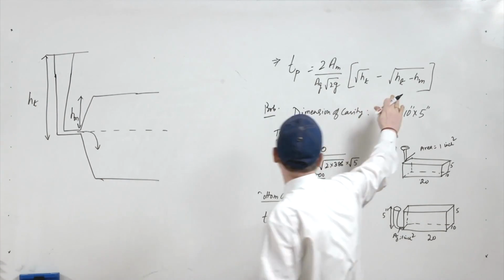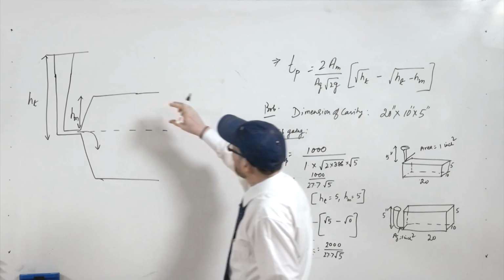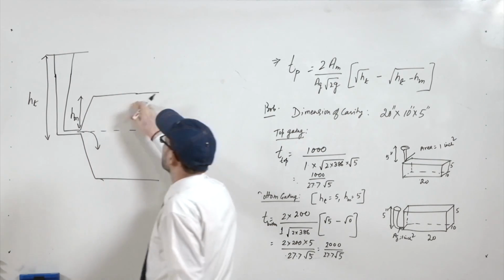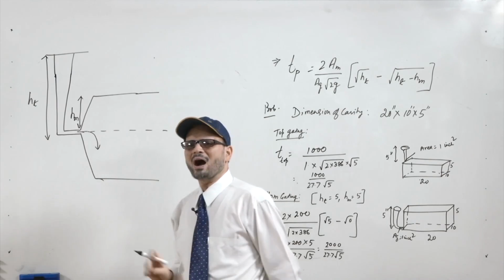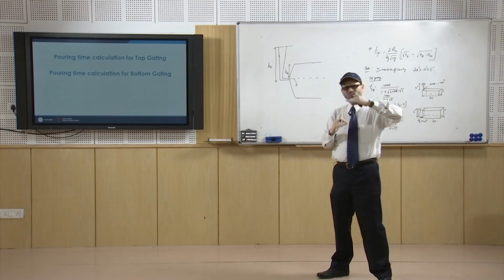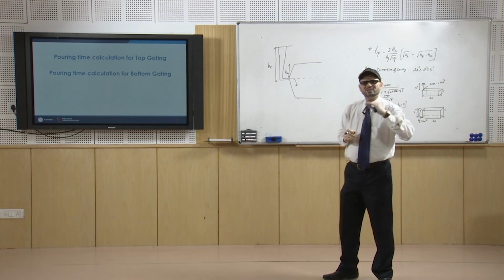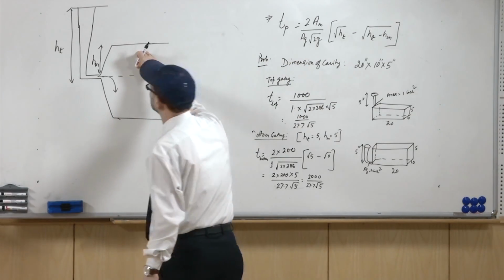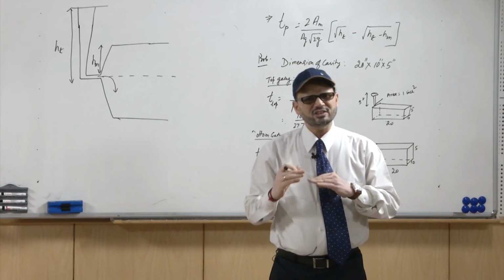So, you will use this formula and find the time required to fill this cope half of the mold, and then you add these two portions, and for the parting line gates you can calculate this pouring time in this fashion.